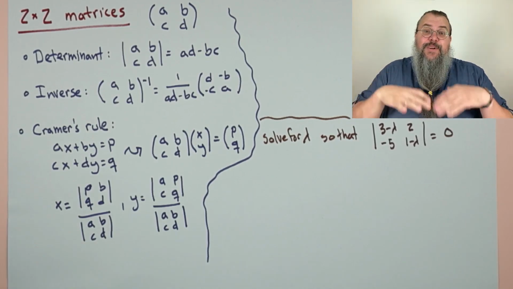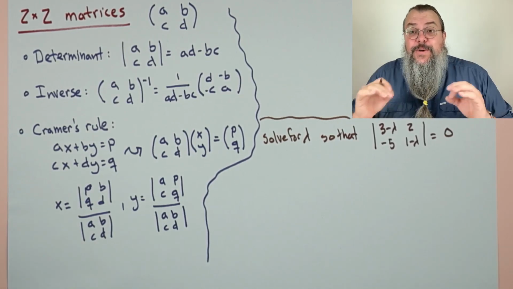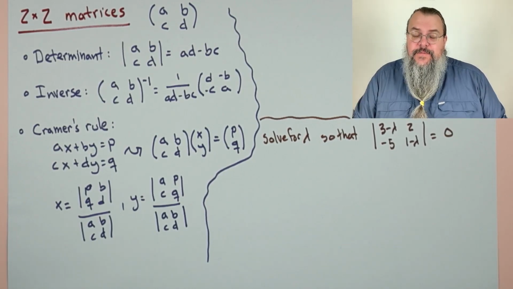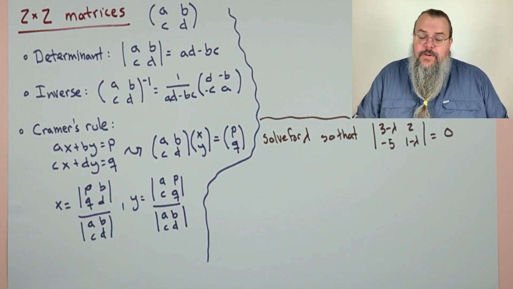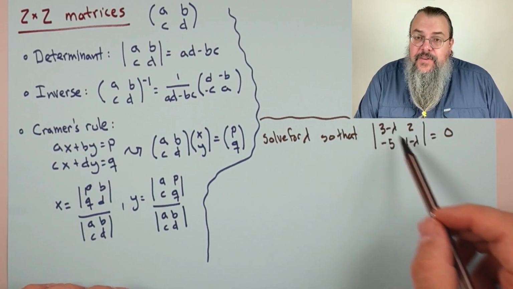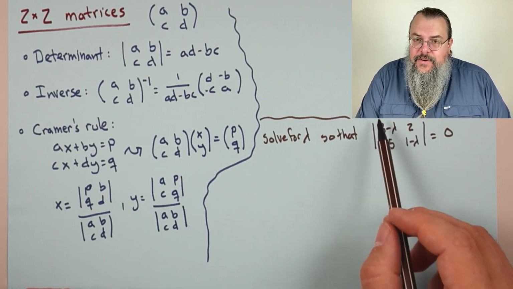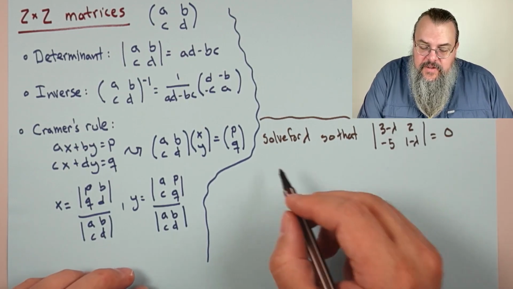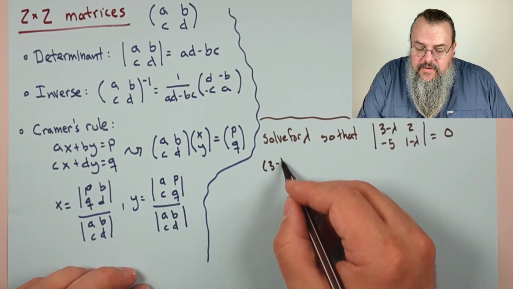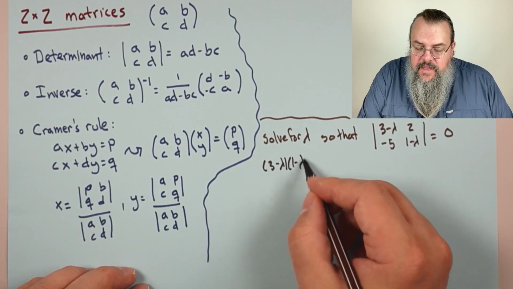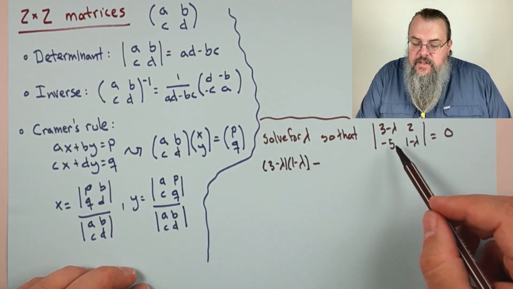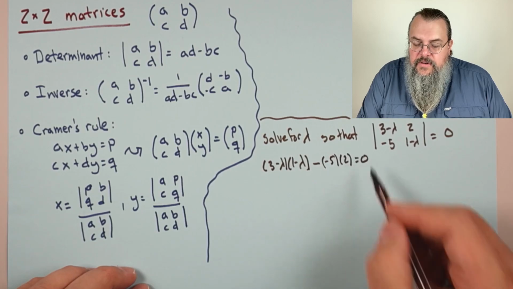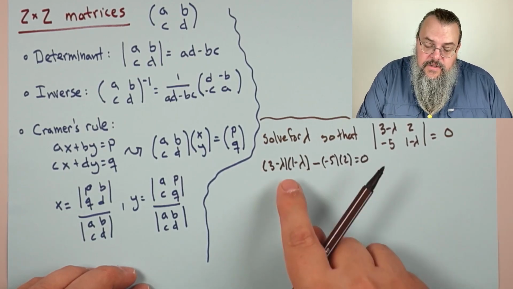This is a particular thing that you're going to be doing a lot, so you want to be comfortable with this type of procedure. What do we do? It's a determinant, so take the diagonals and subtract them. That's the same as saying 3 minus lambda times 1 minus lambda, subtract negative 5 times 2, equals 0. Now we expand.